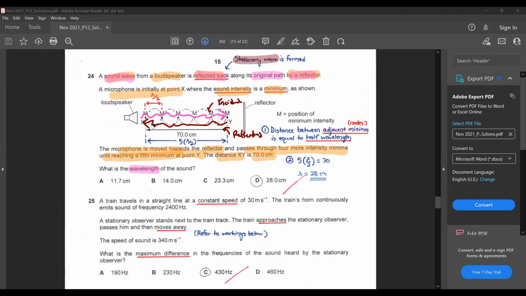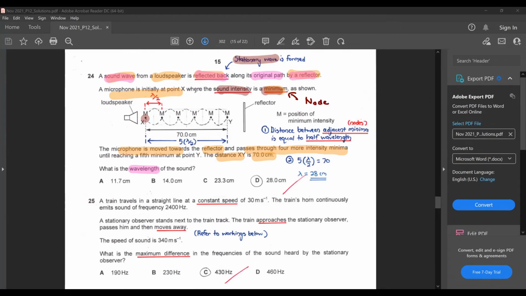At X, they mention that they place a microphone, and they notice that the sound intensity is a minimum. This corresponds to a node. In a stationary wave, we have antinode and node. So the moment we see that the intensity of sound detected is minimum, we know this one is actually our node.